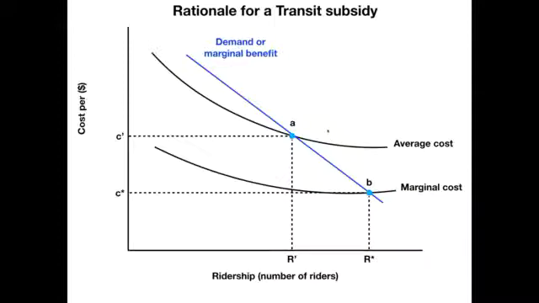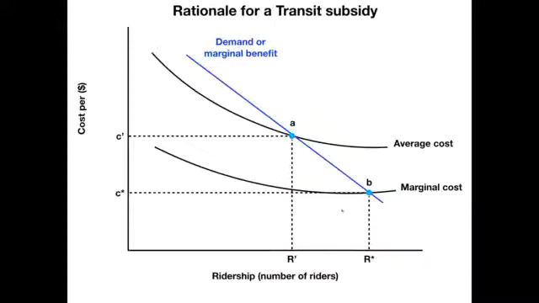First, realize that if the transit public corporation were to set price so that it made zero profit, this is the level of ridership that we would have, and you can contrast that with the optimal level. The optimal level is where marginal cost intersects marginal benefit, at this level here.